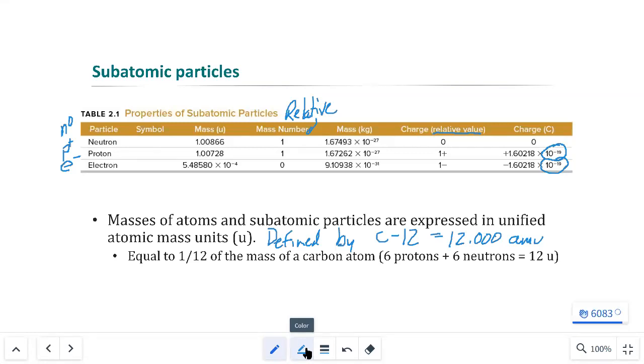The relative masses of the proton and the neutron on that scale are going to make up a really significant portion of what we will end up using to describe elements in terms of their mass. So atomic mass units are the basic unit for how we describe how big or small an atom is based upon its mass.